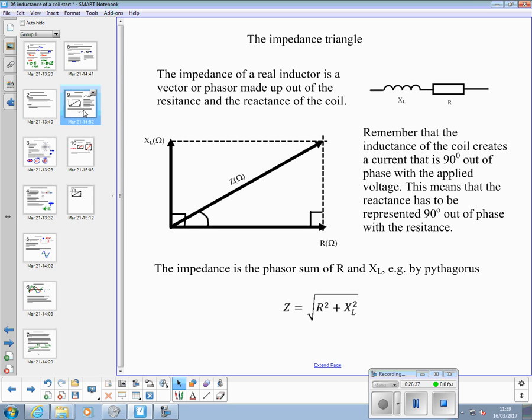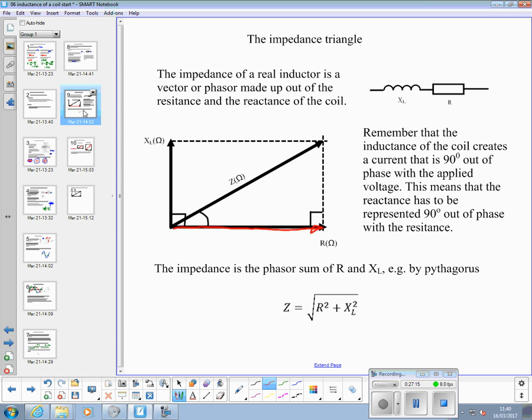So, what we then do is we draw a phasor diagram representing the 3 different ohmic values: resistance, reactance, inductive in this case, and the impedance Z. We can create an impedance triangle or impedance phasor diagram where your resistance is the in-phase component, the one with no angle associated with it, because it doesn't vary.